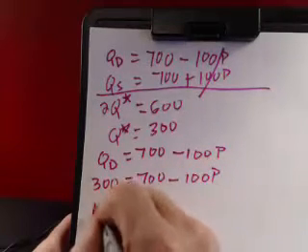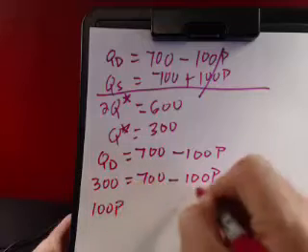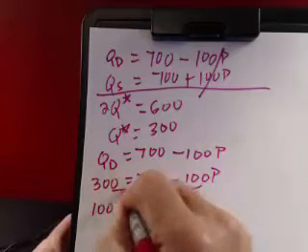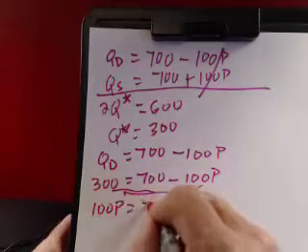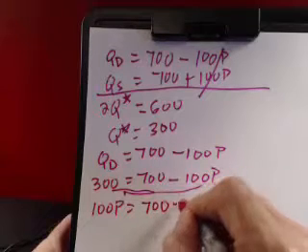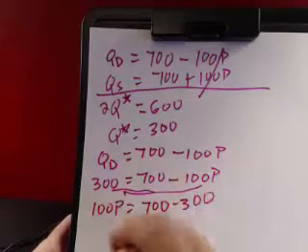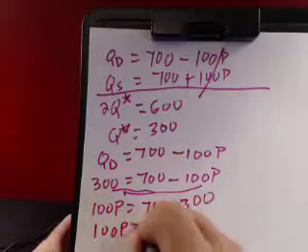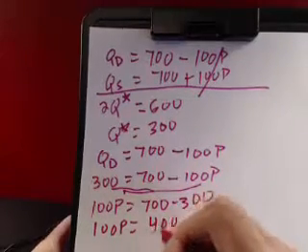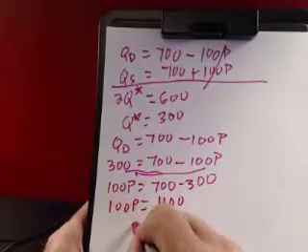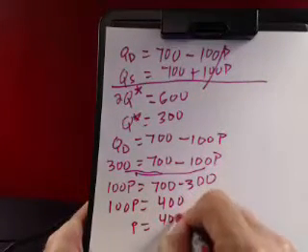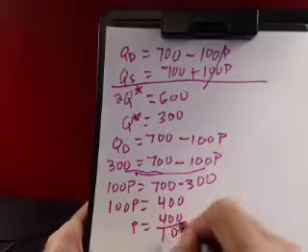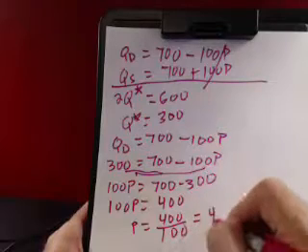I'm going to bring 100P over, and 300 over, equals 700 minus 300, and then 100P equals 400, and then P equals 400 over 100 equals 4.